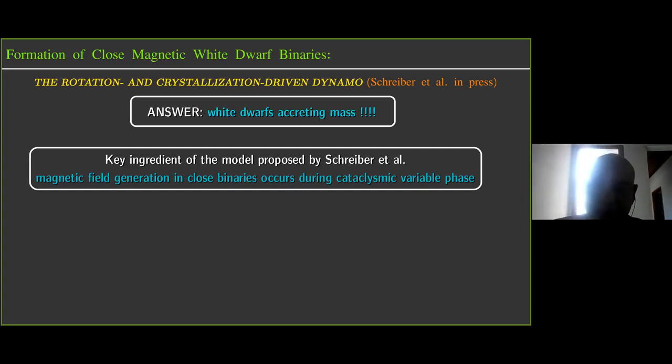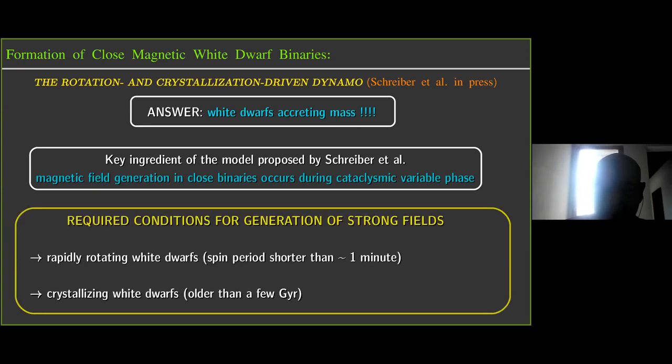So the key ingredient of this model to allow the strong magnetic field generation in close binaries is the CV phase, precisely the phase in which the white dwarf is accreting mass and in turn accreting angular momentum and in turn is spinning up. So the required conditions to form these strong fields, again, we need a crystallizing white dwarf and a rapidly rotating white dwarf.